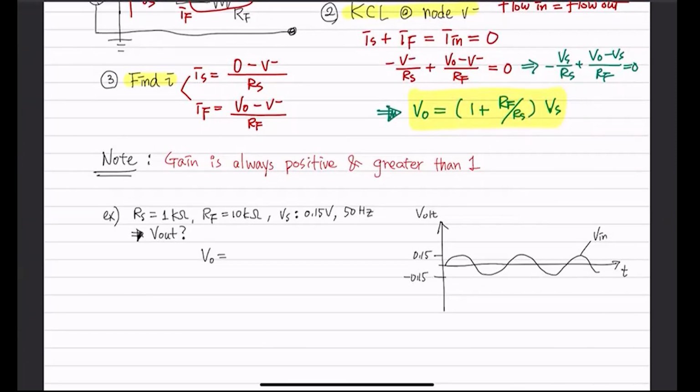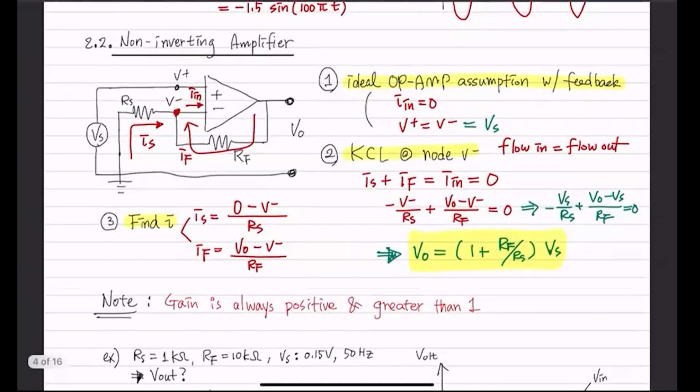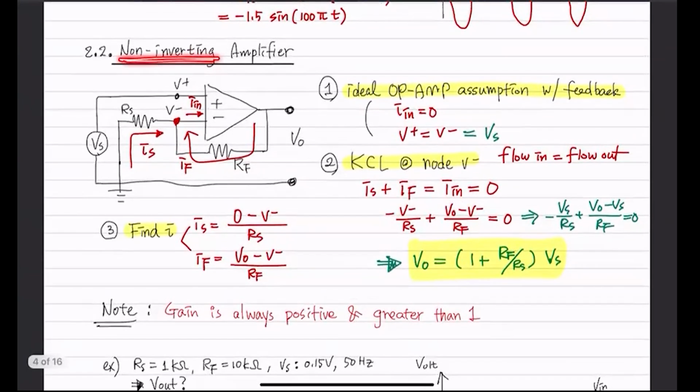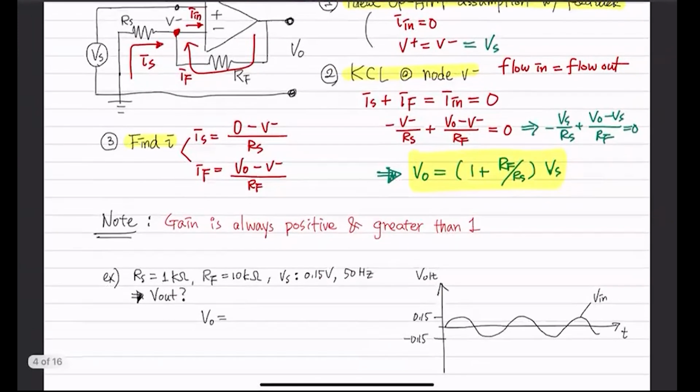So your output is always going to be amplified, greater than your input signal amplitude. All right? That's this non-inverting amplifier. So the output amplitude is always greater than the input amplitude, something like this.